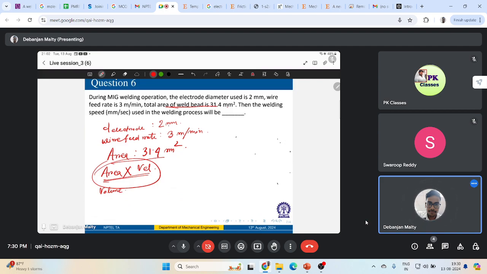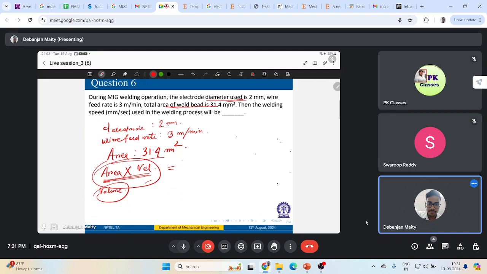Volume per unit time. Basically, this is the filling rate of the weld bead. Is it not? So if you have area, if you have velocity, you can find out the volume of the weld bead, and that will be equal to the melting rate of the electrode, given by the electrode diameter and the wire feed rate.